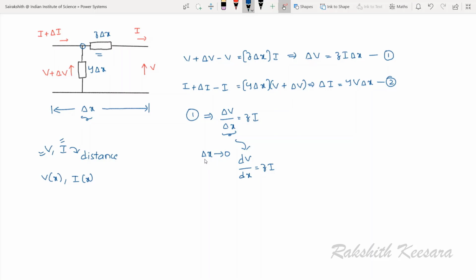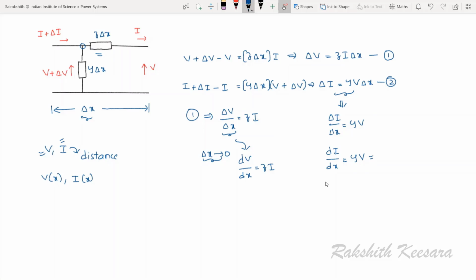So, as delta x tends to 0, this dV by dx is equal to Z into I. Similarly, here del I by del x will be equal to Y into V. If delta x tends to 0, this dI by dx will be Y into V.